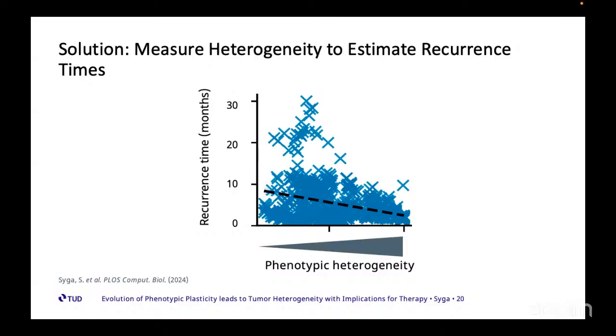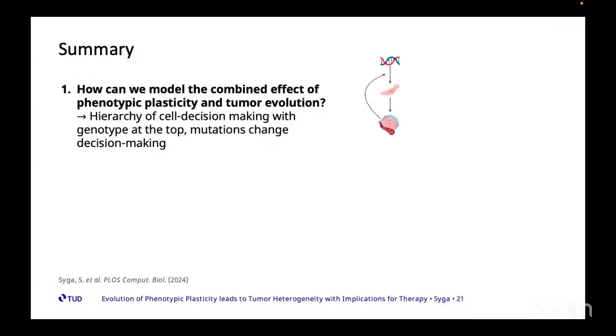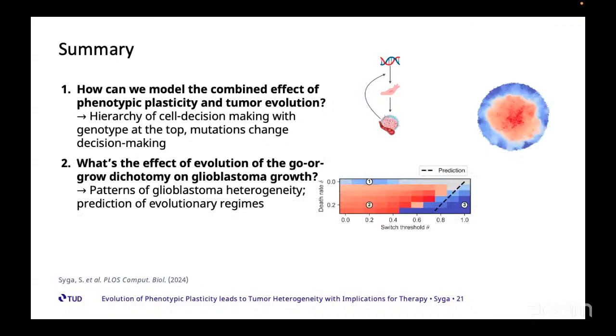Yeah. So to summarize, I asked 3 questions. One was, how can we model this combined effect of phenotypic plasticity and tumor evolution? And I said we need some kind of hierarchy of the phenotypic plasticity with genotype at the top, microenvironment at the bottom, and these together determine the phenotype, which then feeds back to the microenvironment.